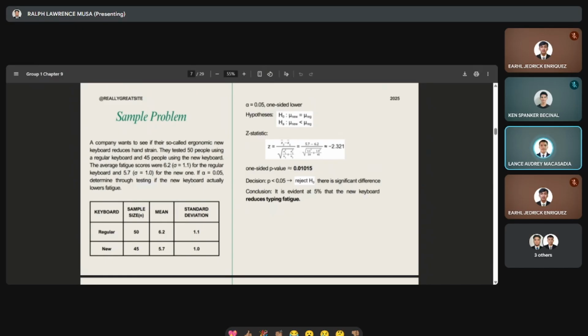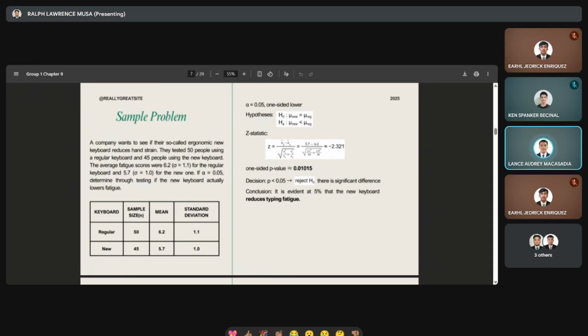So the first step is we test at 5% level of significance, then we set the hypotheses. For the null hypothesis, the new keyboard does not reduce fatigue. Then the alternative hypothesis, the new keyboard reduces fatigue. So we compute the test statistic using the z-value.